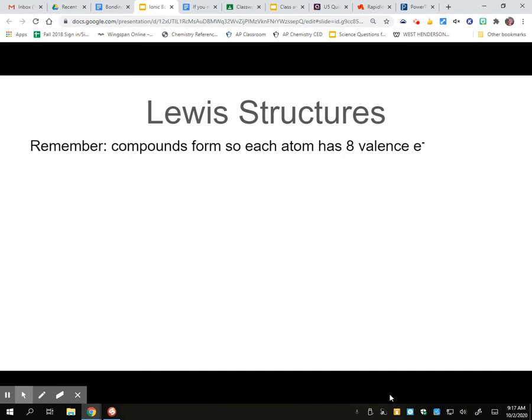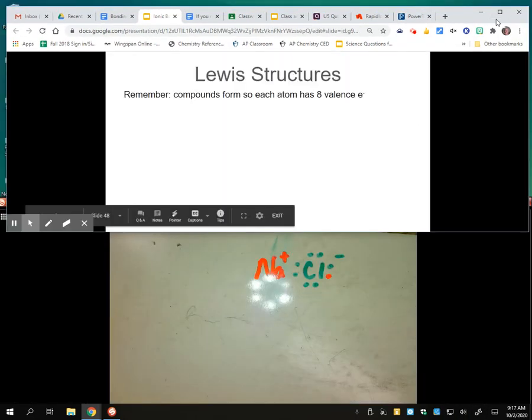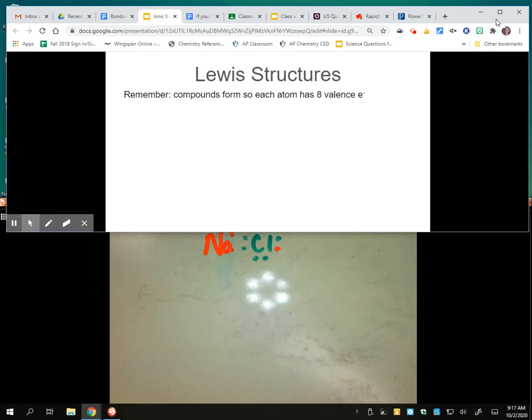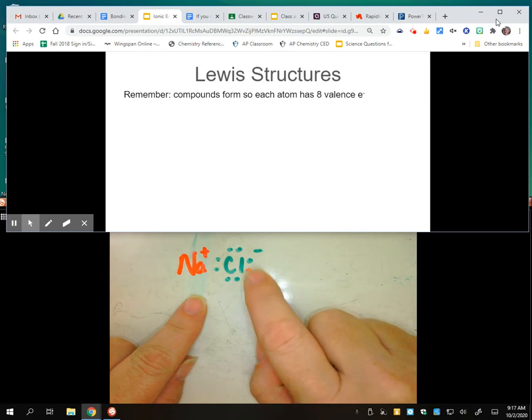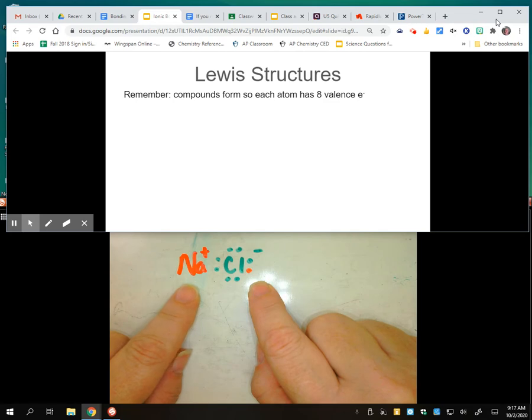Now, we're coming from talking about ionic bonding, and the way we would represent an ionic bond would look something like this. Chlorine, which has a really strong attraction for electrons, has pulled the valence electron off of sodium.